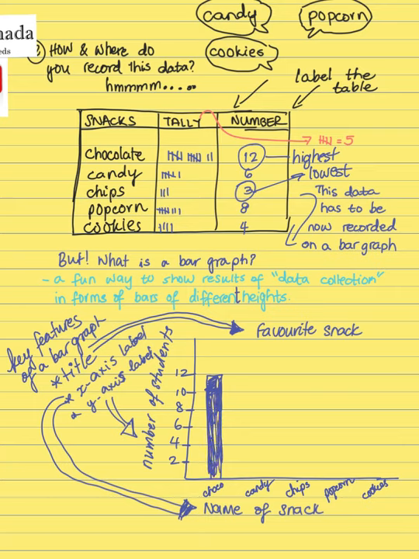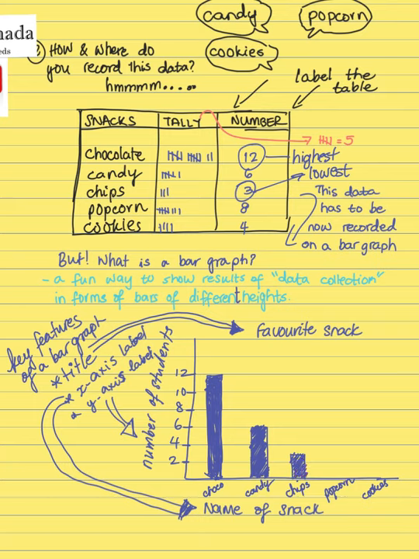So if you look at the x-axis, I have written the names of the snacks. So I've got chocolate, and because there's 12 people who like chocolate, I'm drawing my first bar over there, the highest point being 12, and I color in the bar. I could draw a straight line as well, but then it's not a bar chart, it will be a line chart, which is not fun. All right, so the next in the list was candy, and candy is the most favorite for 6 people, so I draw that line up there.